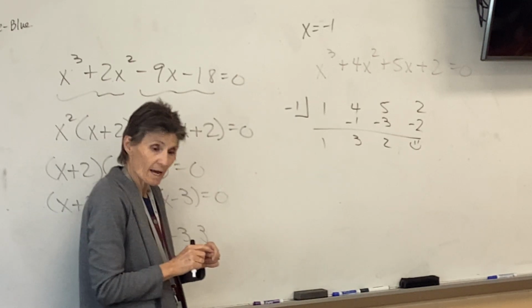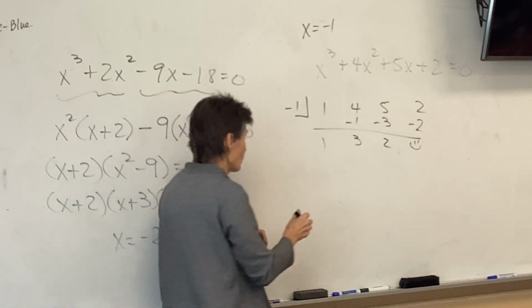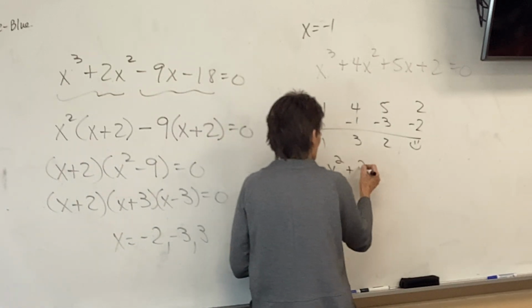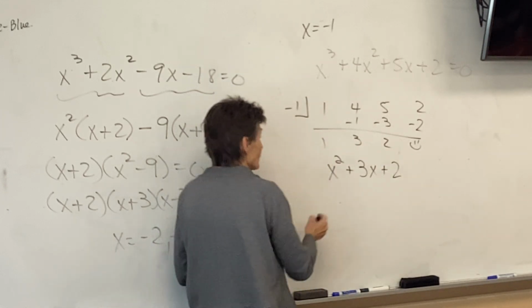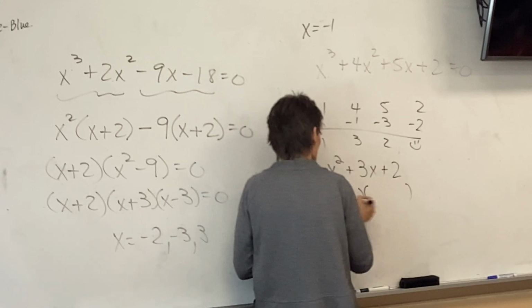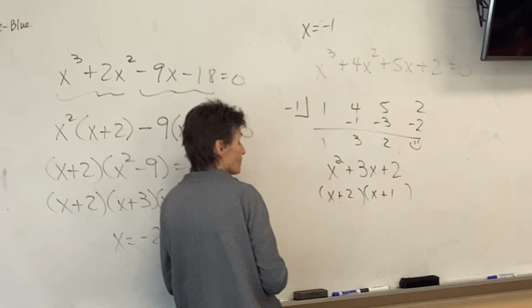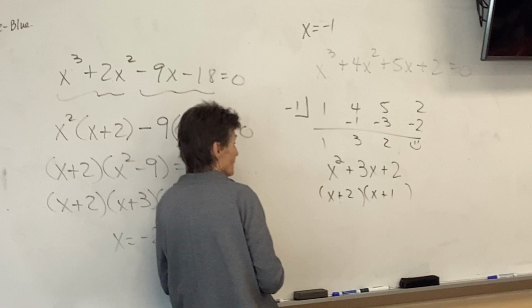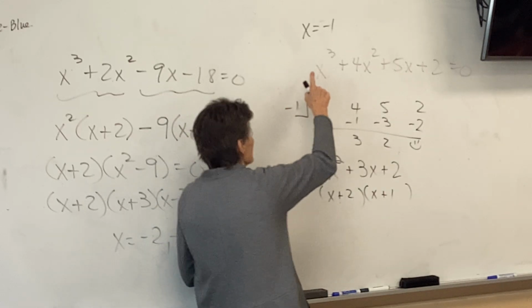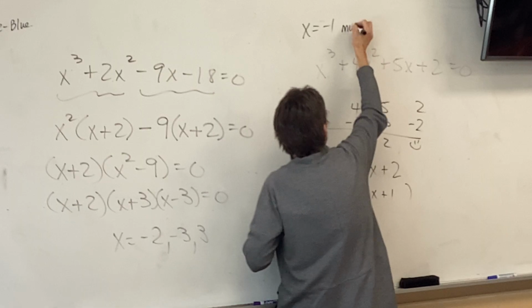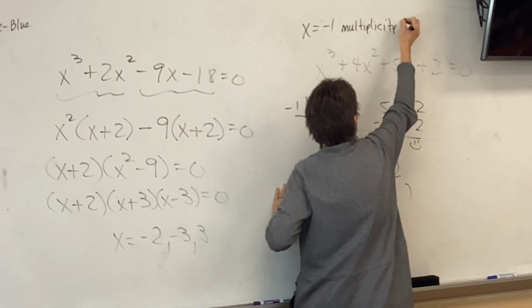Where do I go next? Next one: x squared plus 3x plus 2, which I think will factor. So I got negative 1 again. So I might say multiplicity 2.